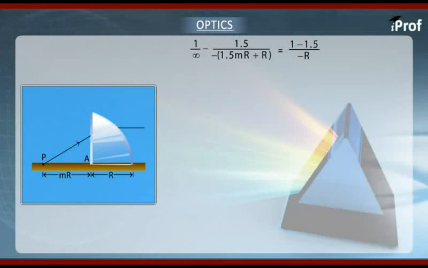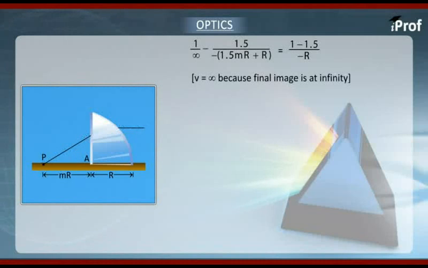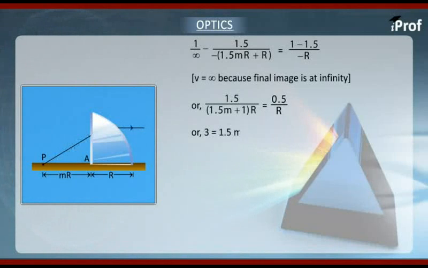Now as it is given in the question that rays after refracting through curved surface, the curved part of cylinder, they become parallel to table. So the value of v will be infinity. So putting v as infinity, we get the value of m after solving equation as 4/3.